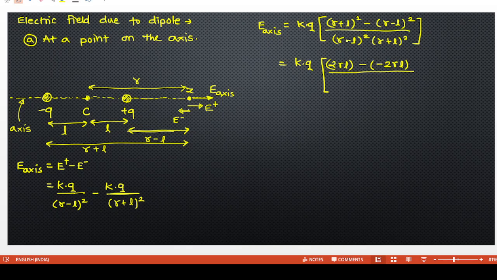Divided by, you can treat this bracket as a and this bracket as b. A square into b square is (ab) square. So you can combine these two brackets, r minus L into r plus L, and create a new bracket square.